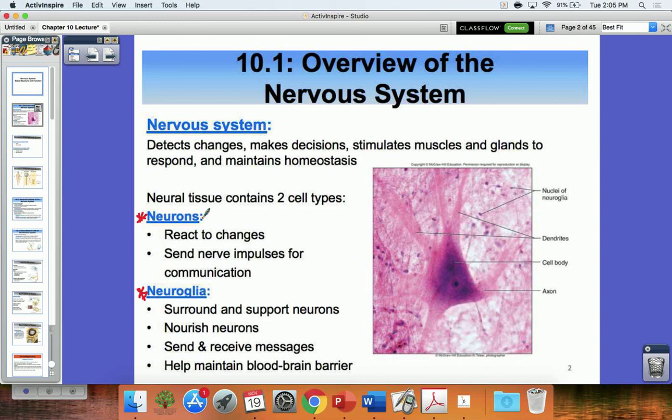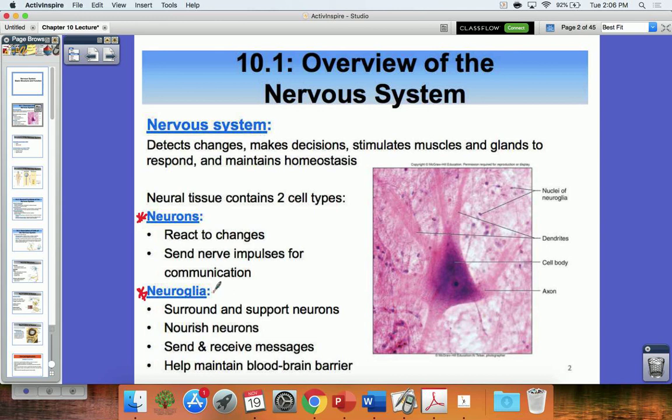So that's the Beyonce. And then we also have neuroglia. Neuroglia is the entourage. So it's there to make sure that the star is getting any support, also making sure that it's getting the nourishment that it needs, so it can help support the sending and receiving of the signals. And so that's what the neuroglia is there for. Again, the neuron is the main player, the star player of the nervous system.